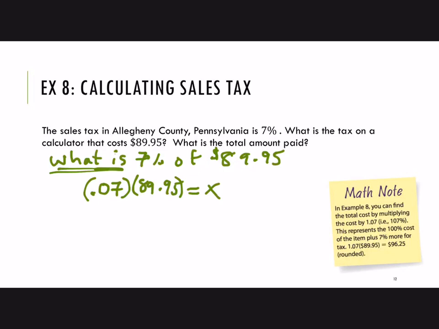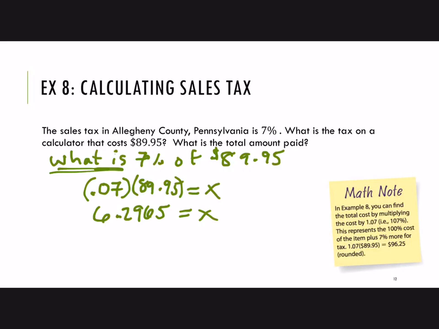Okay, so calculate that. Let's see. 7% of 89.95. Okay, I'm getting 6.2965. And this would be an example where you actually would want to round.